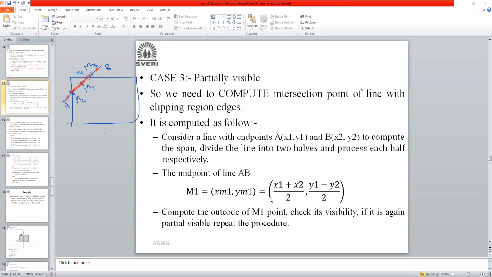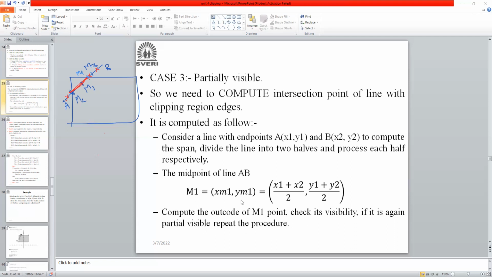Find out the midpoint. When a partially visible line is there, you have to find the intersection point of the line with the edge, and it is computed by recursively subdividing the line at its midpoint. The same procedure we have studied. First midpoint, M1, has the formula (x1 plus x2) divided by 2, (y1 plus y2) divided by 2.